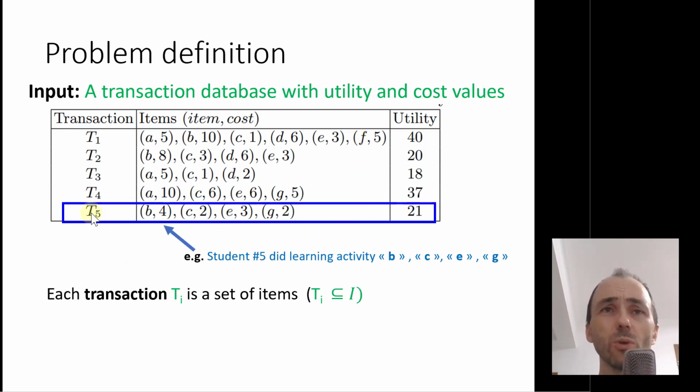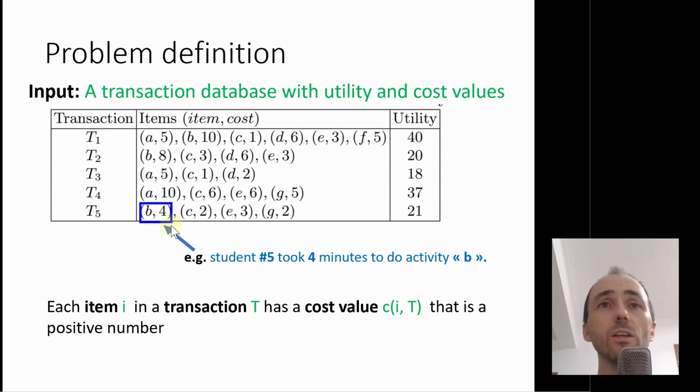Now, each transaction will be a set of items. So here, for example, transaction 5 means that a student took the learning activities B, C, E, and G. Okay. So this data could also be something else, not just about e-learning, but here I use the example of e-learning to illustrate the problem.